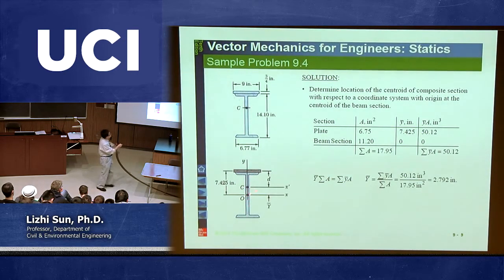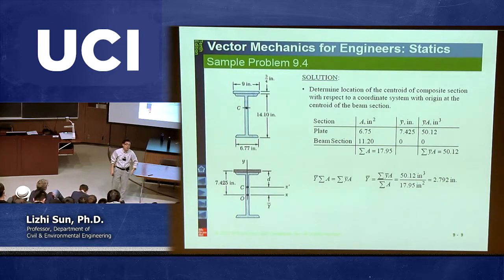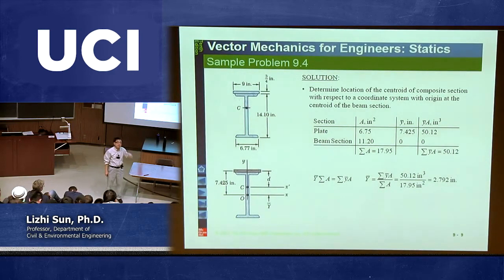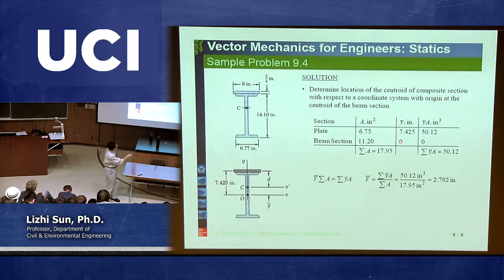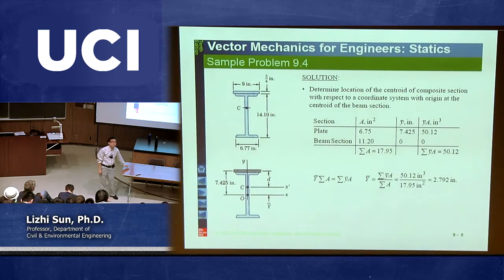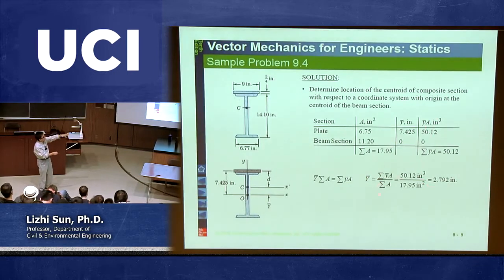Then let me ask you, this point O is the centroid for the W14 by 38. If this original point is also the central point, then what is the local x bar and local y bar for that second structure? That's 0, 0. So that's why this is equal to 0. Any other questions? Okay. So finally, we get this y bar calculated this way.